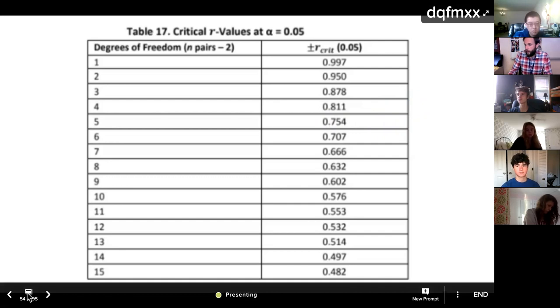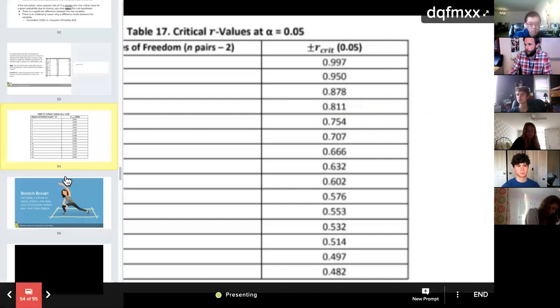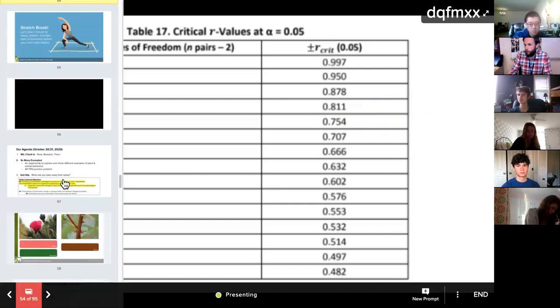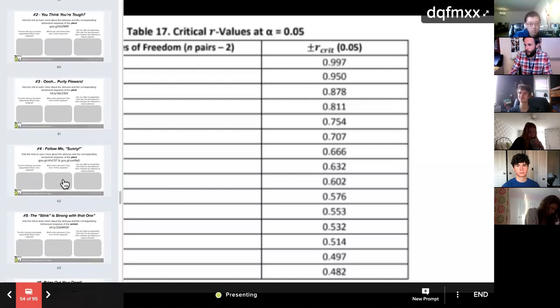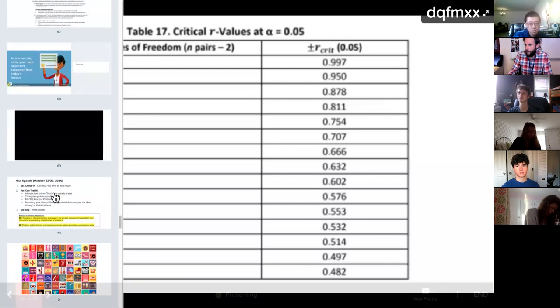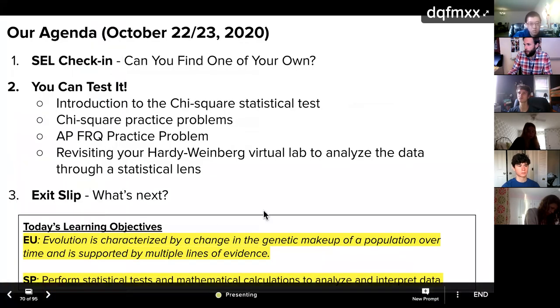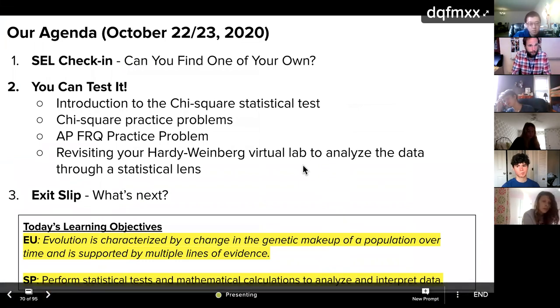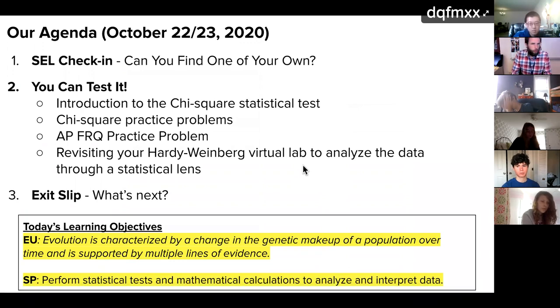So I am going to move to our agenda slide once again. I think based on the time that we just spent going over the correlation coefficient analysis, we're going to skip our check-in. It was a scavenger hunt in your own homes, so we'll do that again some other time.